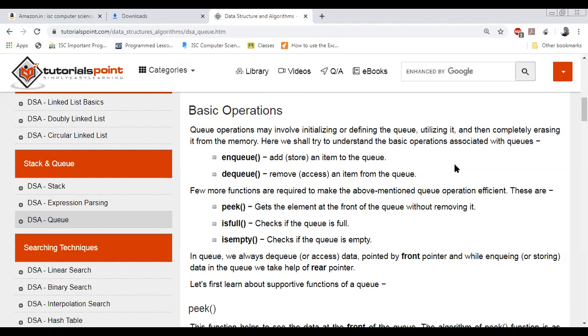Always remember, suppose there is already a queue with a certain set of data. What happens if you try to insert some data into the queue? The new data will always acquire the end position. You cannot insert the data in the middle.